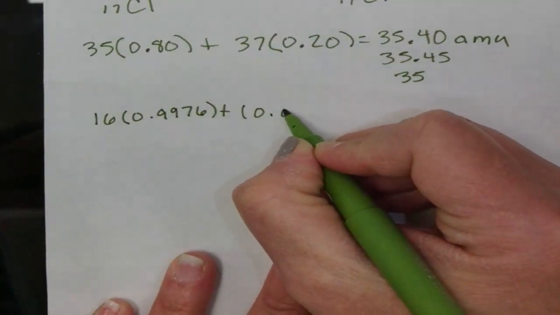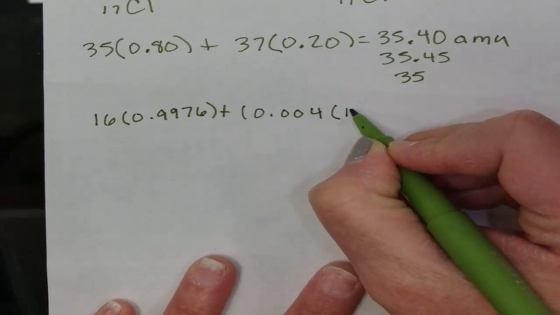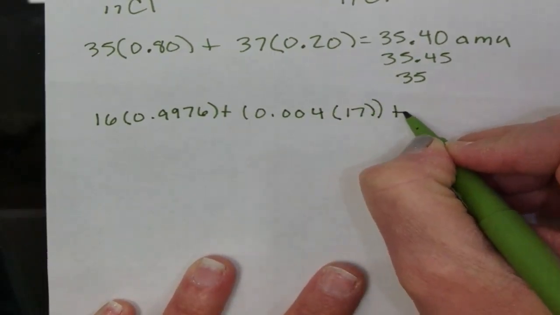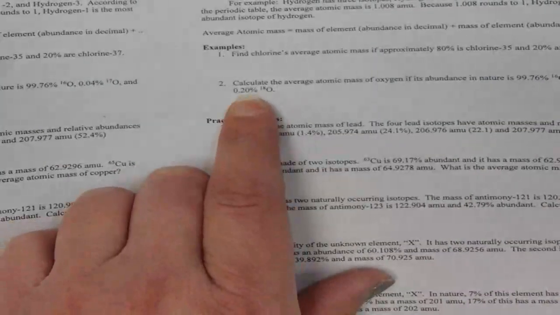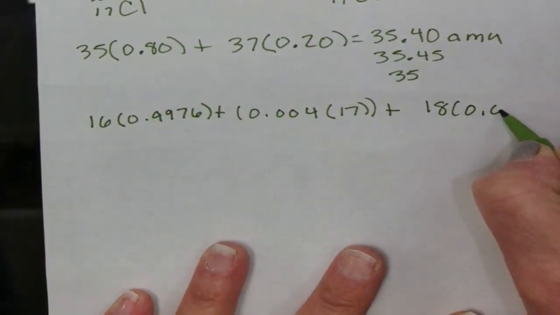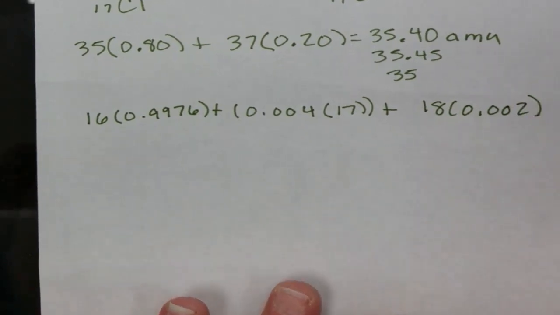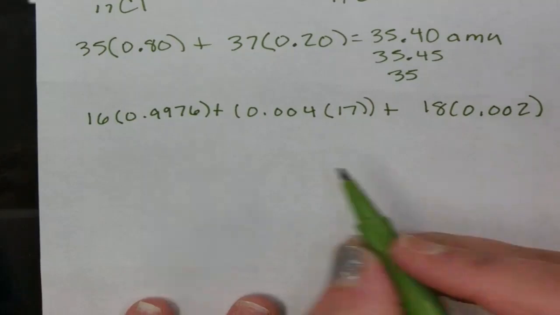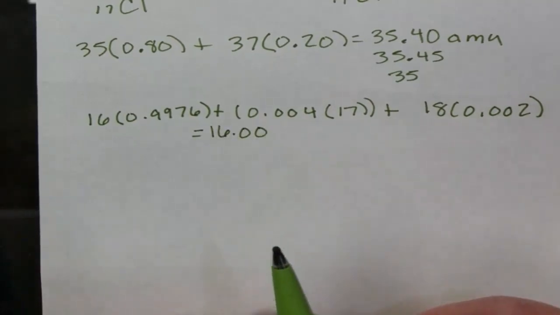So that's 0.004 times a mass of 17 plus 0.2% has a mass of 18. So my mass of 18 times 0.002, all right, 0.002. And when we plug this into our calculator, we get 16.00.